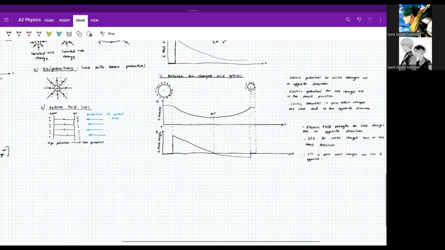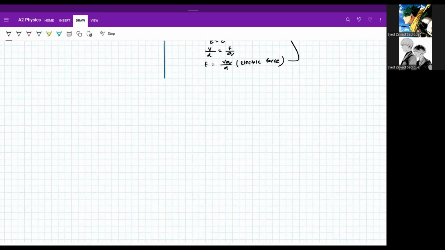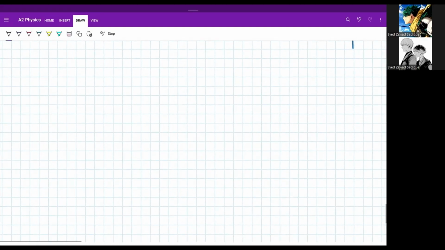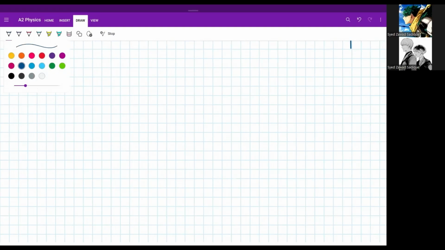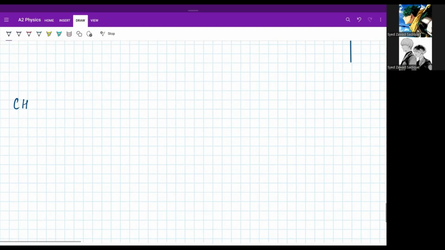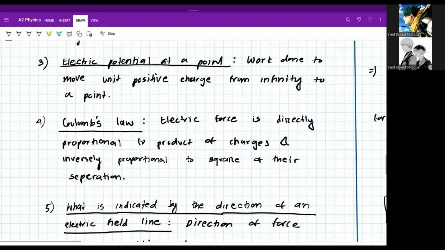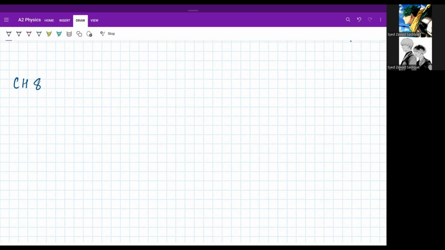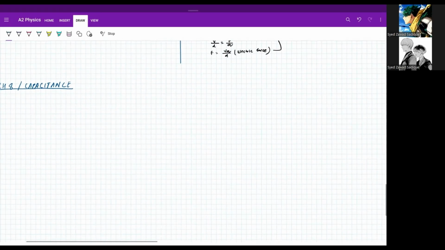Right, now we'll move on to our next chapter, that is capacitance. This is chapter 8. As always, before starting this chapter, I would love to draw a big line.